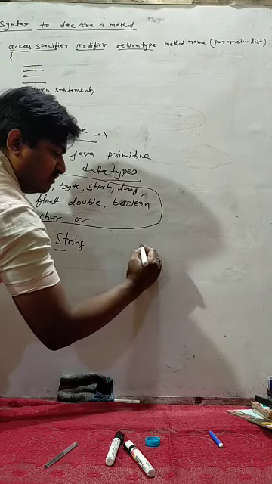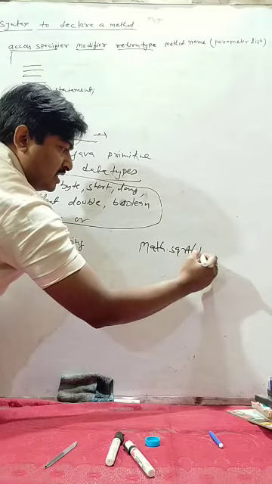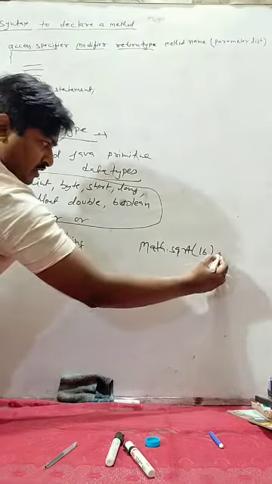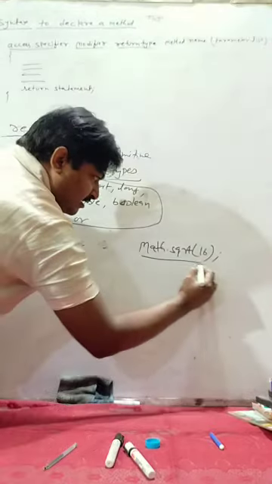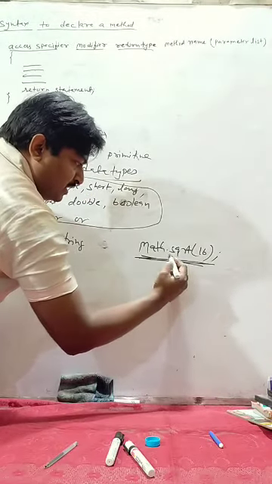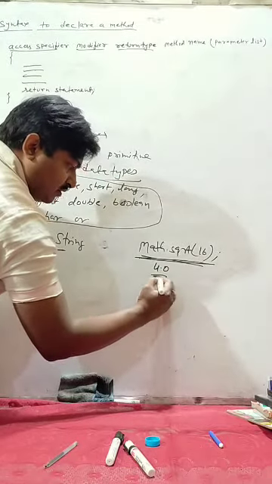Suppose when you are using Math.sqrt(16), what is the value that this function will return to us? The value will be 4.0.